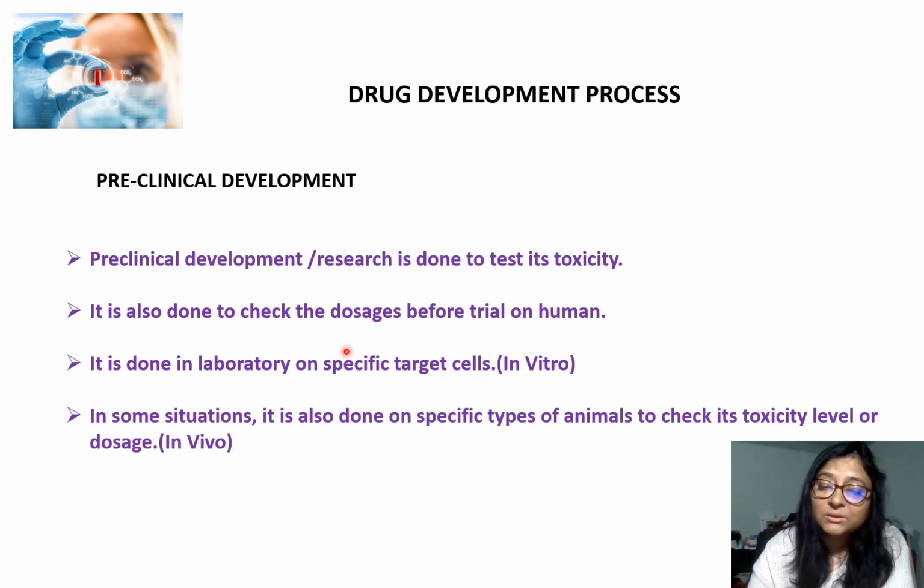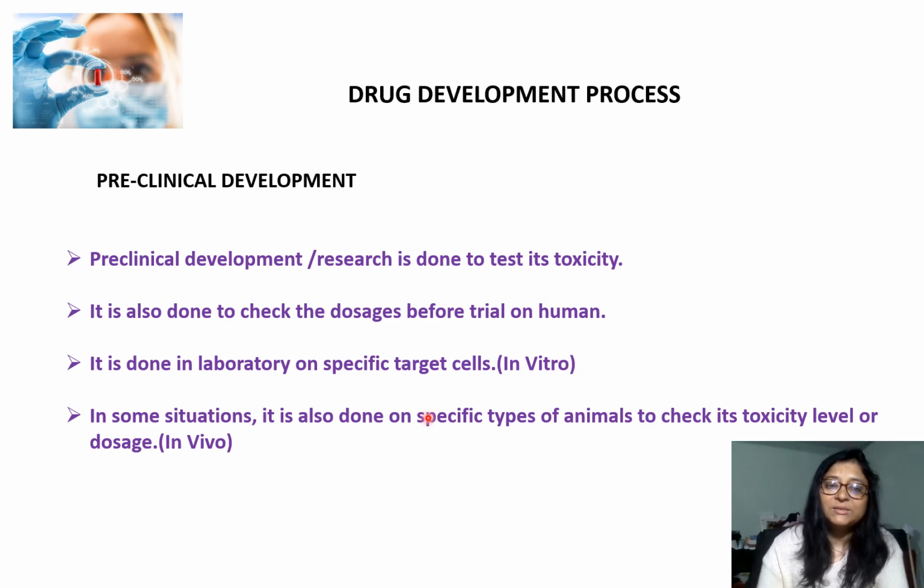It is also done to check the doses before trial on humans. As I said, it's not like anyone discovers a medicine and it is directly tried on a human. Before trial on humans, there are so many steps which are followed, so it is done to check the doses before human trial.